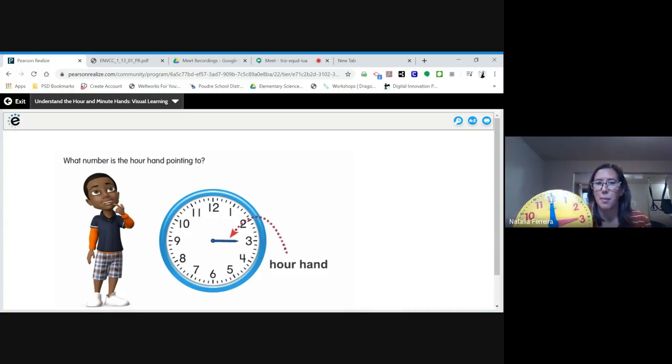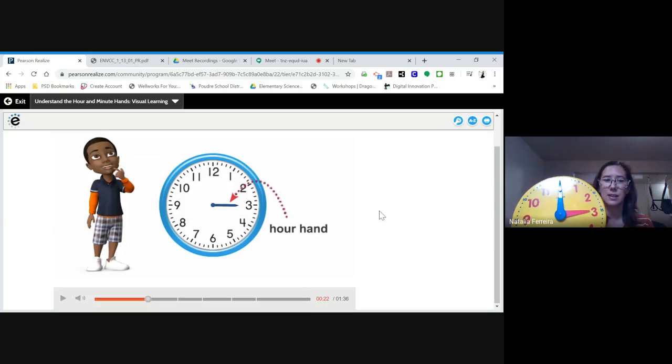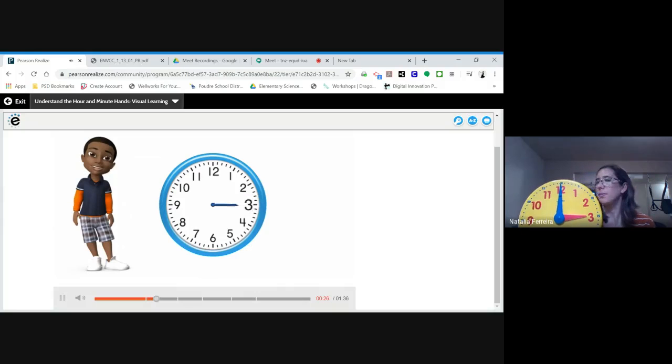Now, if you notice that my hour hand is a different color than the one on your screen, that is okay. My hour hand is pointing to the same number as the hour hand on the screen. What number is it pointing to? Right, it's pointing to 3. Even though it's not touching the 3, it is still pointing to the 3.